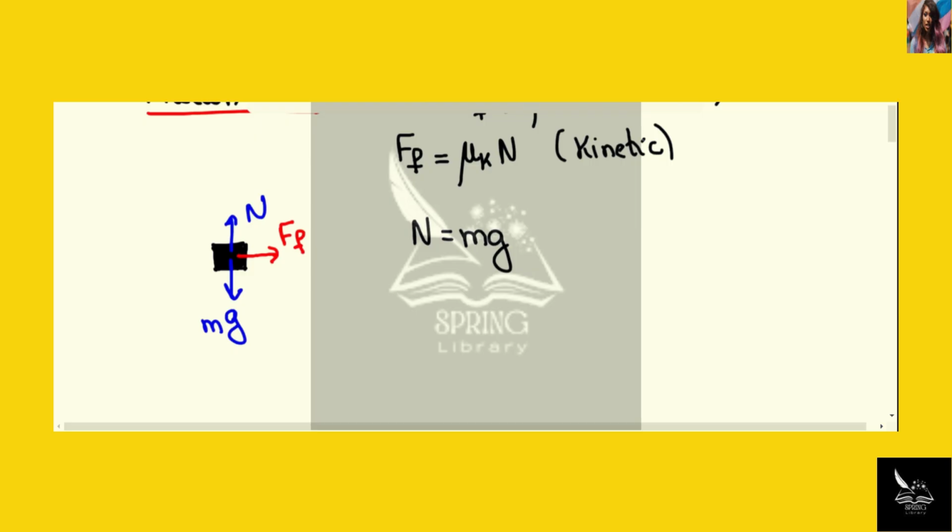Notice that the only force on the carton in the horizontal plane is the friction force. So the friction force is equal to the mass times the acceleration, which we know is v squared over r.